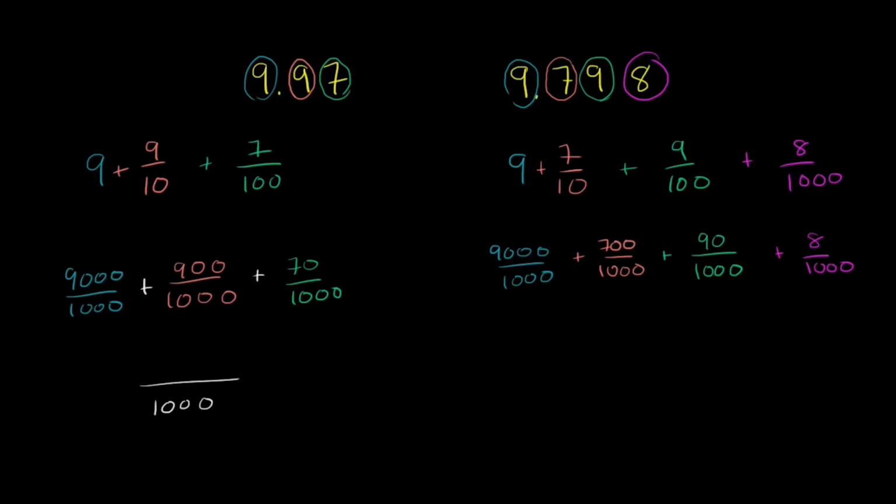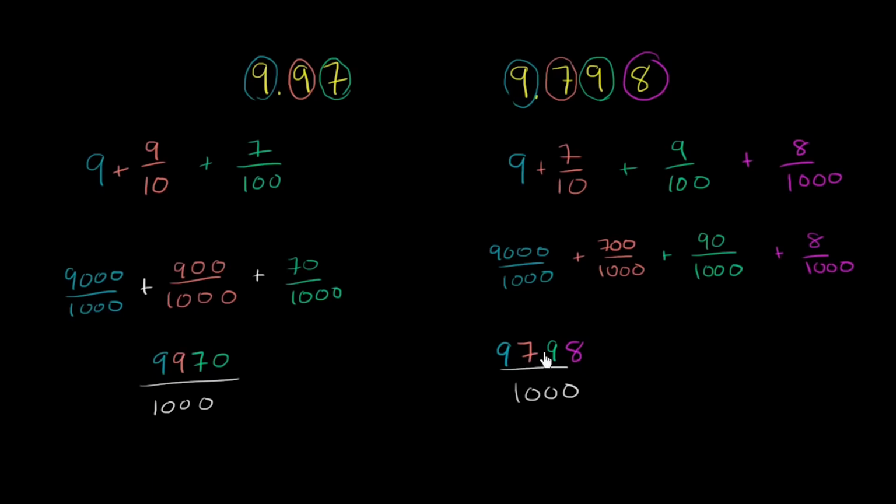So it's 9,970 thousandths, while the number on the right here is 9,798 thousandths. So here, once again, you're comparing two numbers. They have the same number of thousands. This has 900. This only has 700.